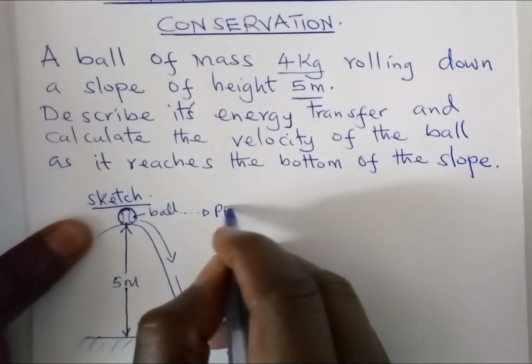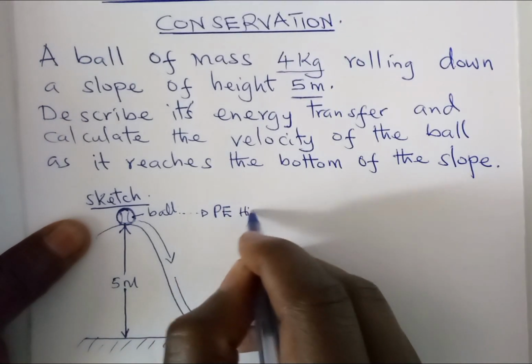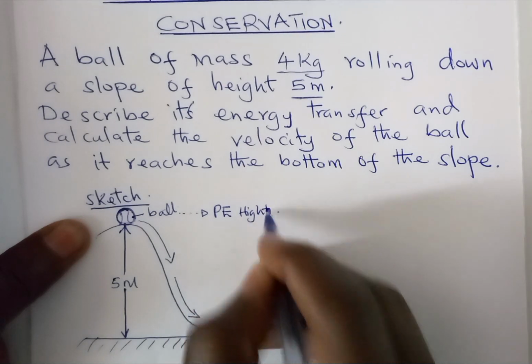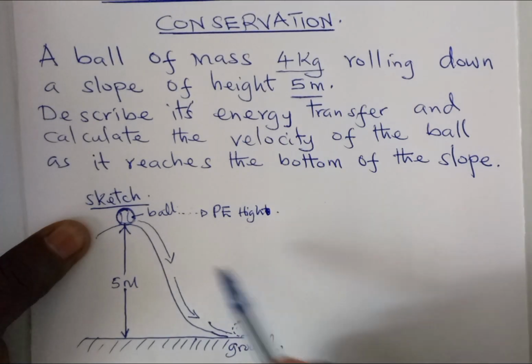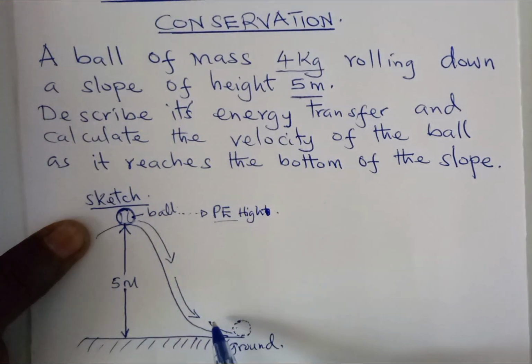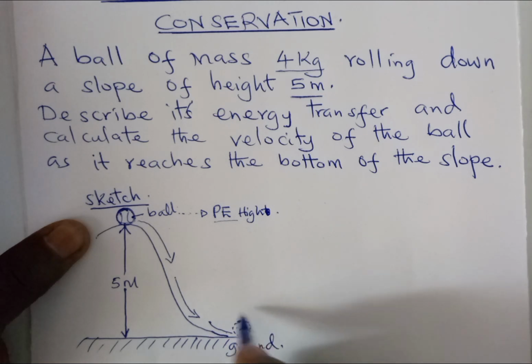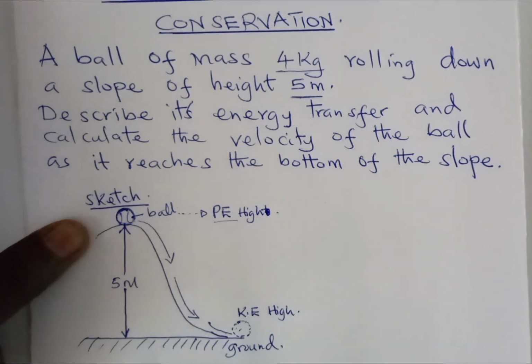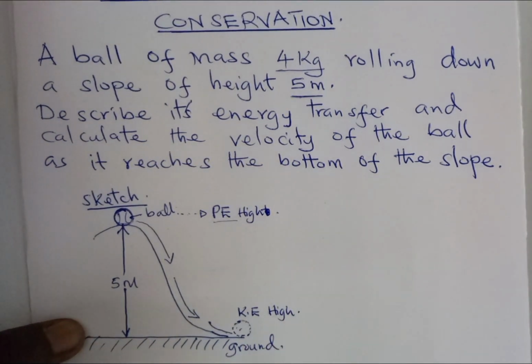Now, as the ball rolls down, the potential energy decreases while the kinetic energy increases. So the kinetic energy will be high at the bottom of the slope.